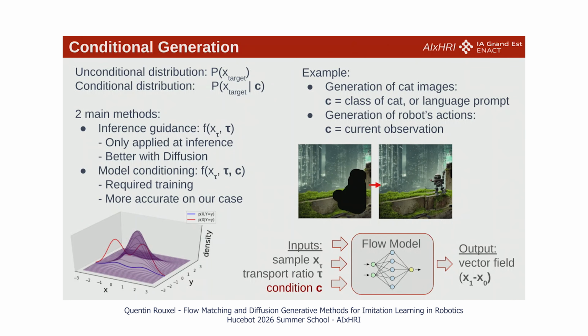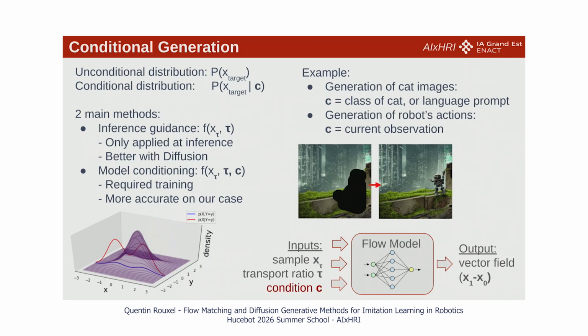For example, we have image generators that can generate many kinds of images, but we want to generate specifically images of cats. We want the probability distribution of a real image, given that the image is a cat. So this is a way to have a conditional probability distribution.